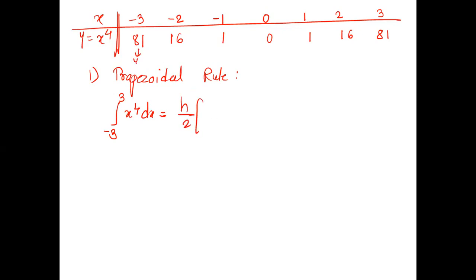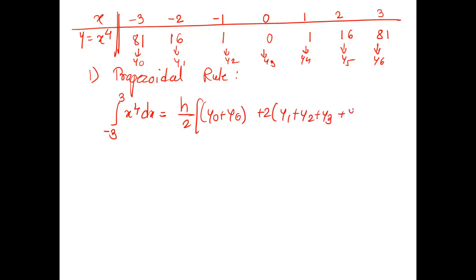Write y0, y1, y2, y3, y4, y5, y6. Now tell me. y0 plus y6, correct, plus 2 into y1, y2, y3, y4, y5, remaining all.